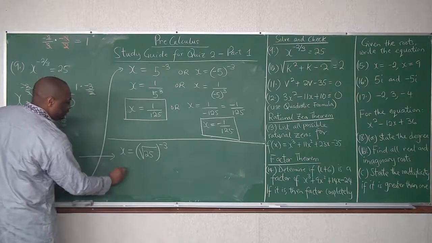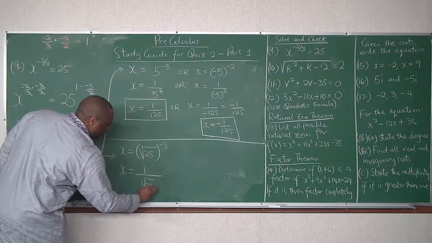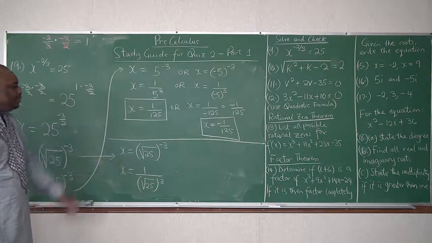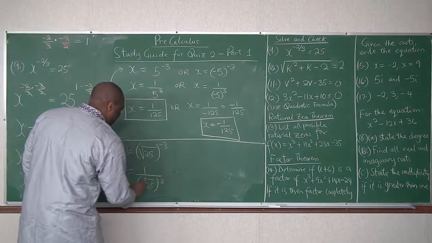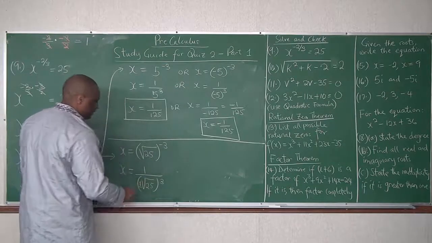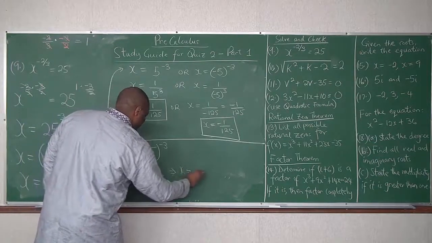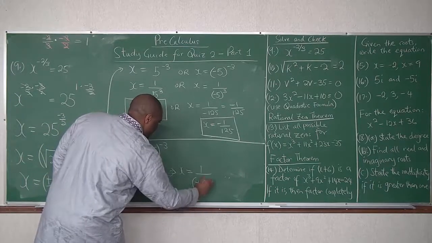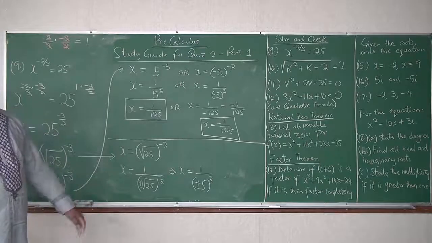You can also do 1 over square root of 25 exponent 3. And once you see square root, it's good you put plus minus. Okay? And then x will be 1 over plus minus 5 exponent 3. So that gives you this.